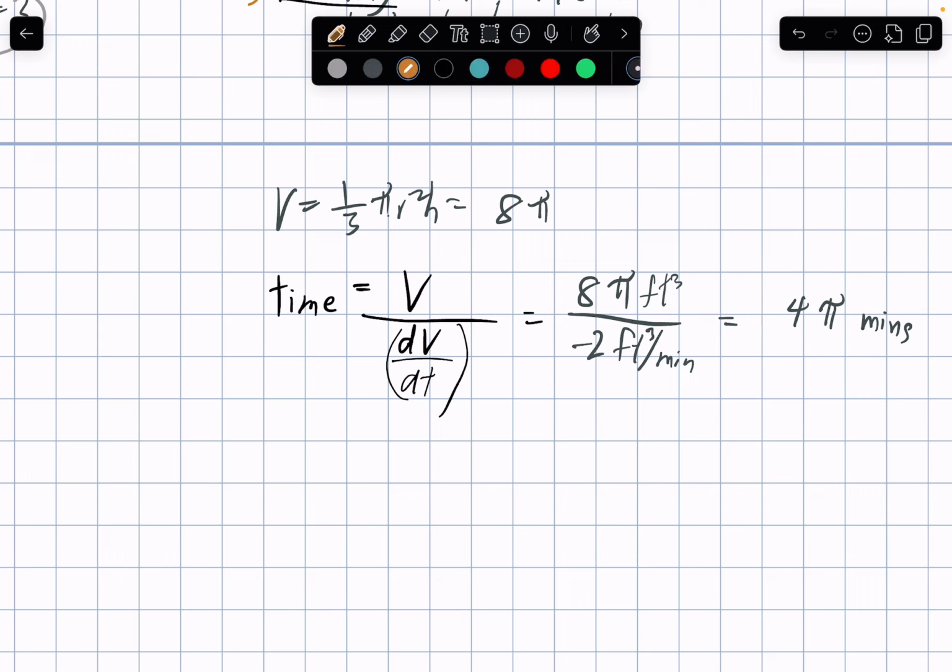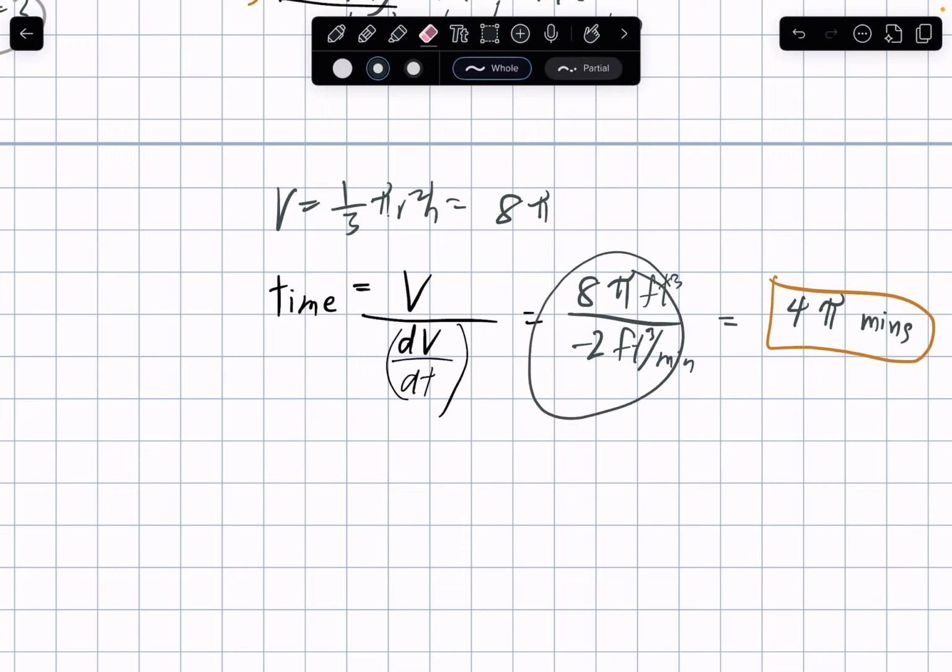Sorry, actually, so we have a negative value, right? But when it comes to time, this negative sign only means that the container is losing volume. But actually, we disregard the negative sign when the answer that we're trying to find is time.